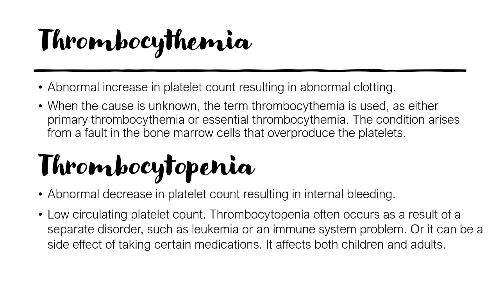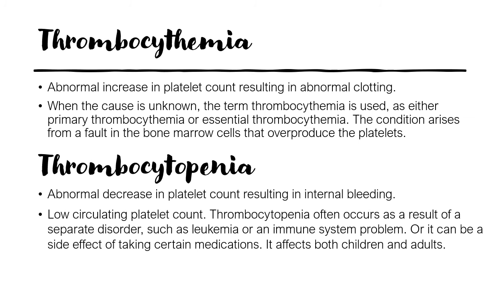Then next is thrombocythemia. There are types: thrombocythemia and thrombocytopenia. Thrombocythemia is an abnormal increase in platelets, and thrombocytopenia is an abnormal decrease in the platelets. Thrombocytes means platelets, and cythemia is increase, and cytopenia is decrease.